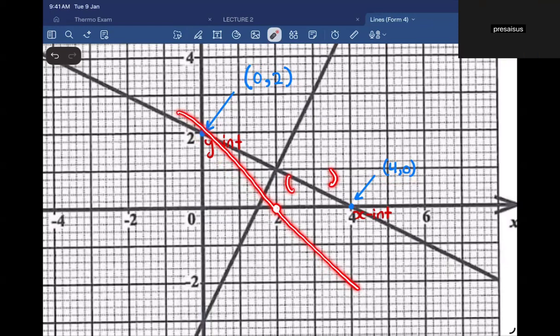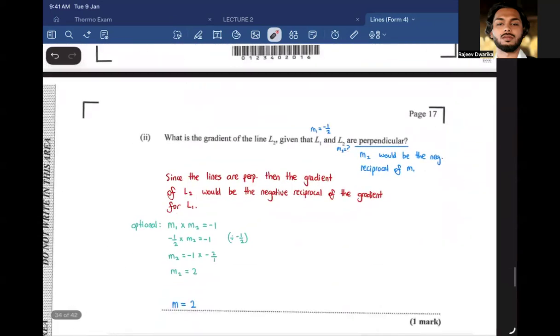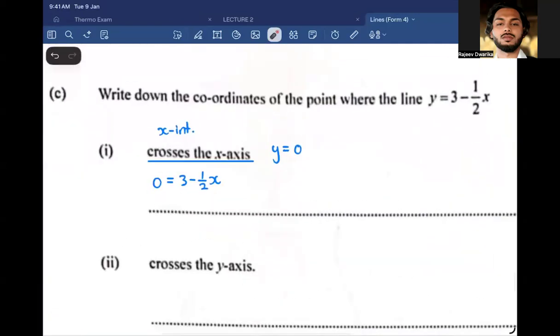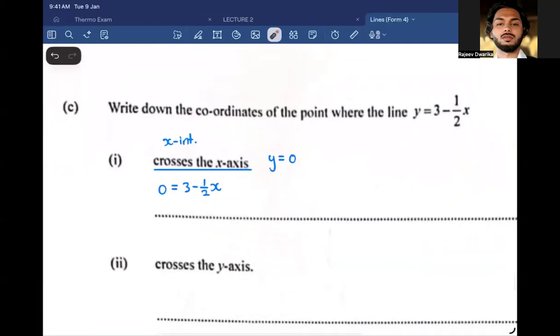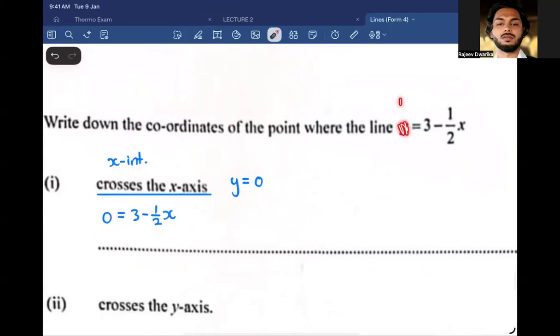That would be 2, comma 0. So at the x-intercept, y is always 0. So we can say y is equal to 0, and I'm just going to replace y with 0. And from here, we need to find x.